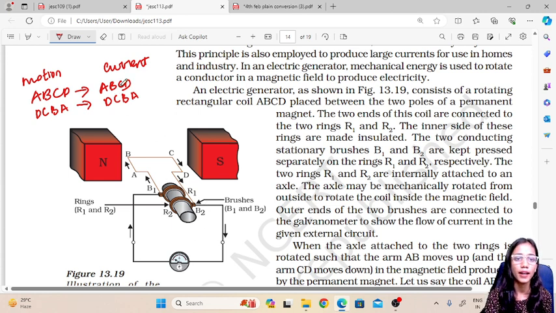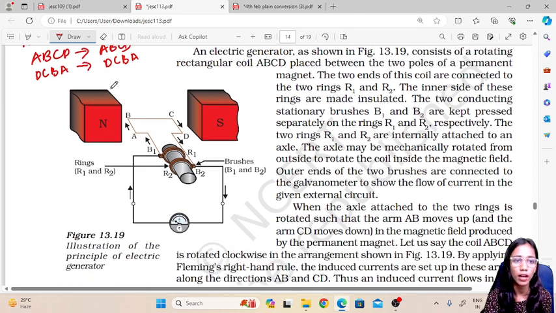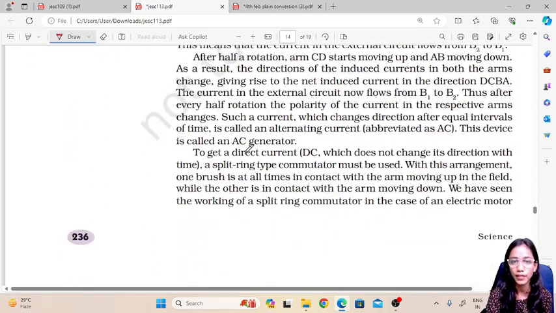Then in the second case, after every half rotation CD starts moving up and AB starts moving down, so it is DCBA. Now the current is also moving in the direction DCBA, from B1 to B2. This is called the alternating current.